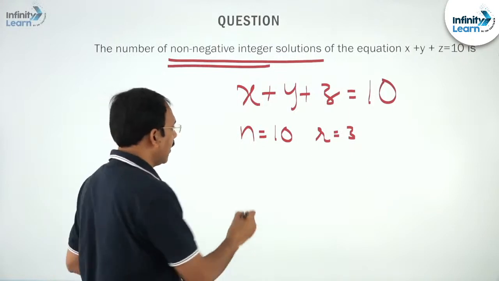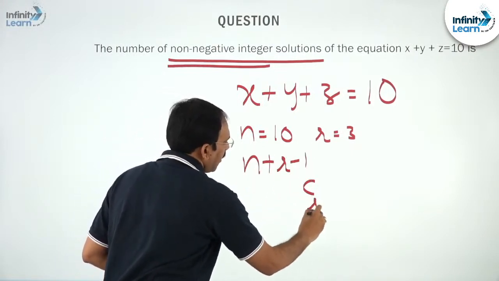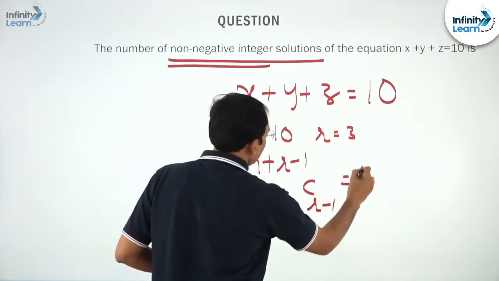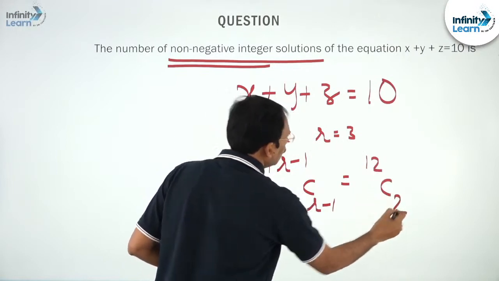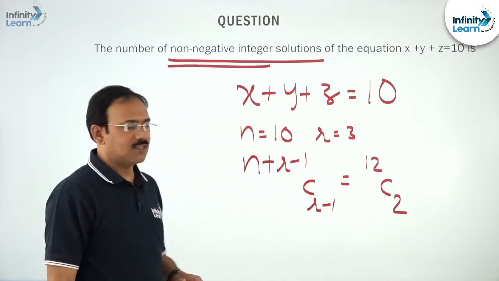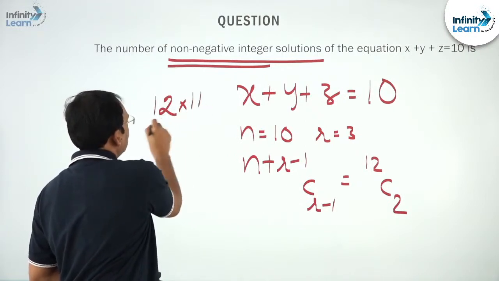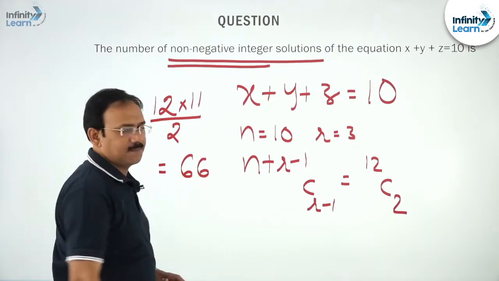What is the formula? n plus r minus 1 C r minus 1. So it is going to be 13 minus 1, 12 C 2. You just compute and you will get the answer. 12 C 2 is 12 into 11 by 2, which is 66. That is the answer.